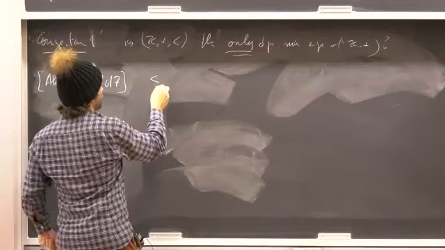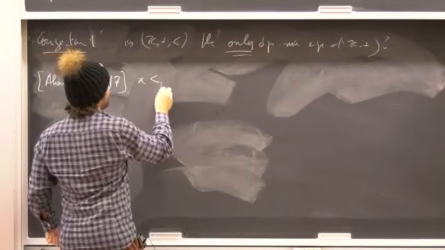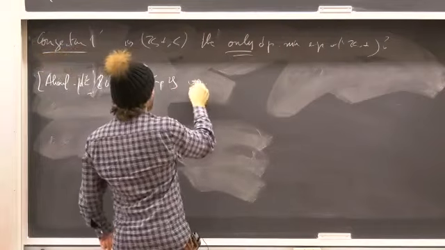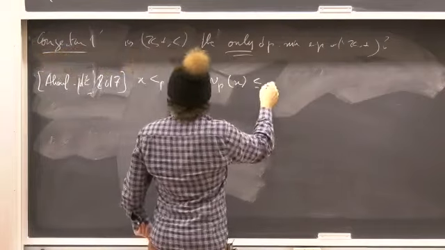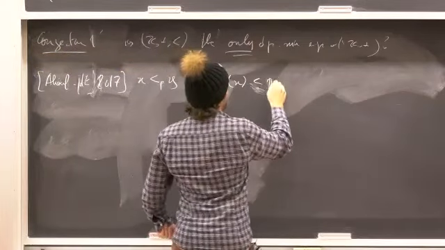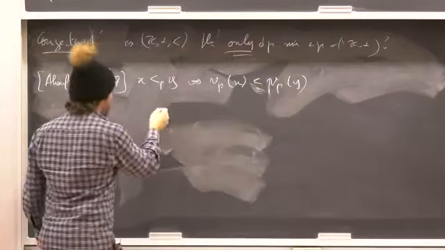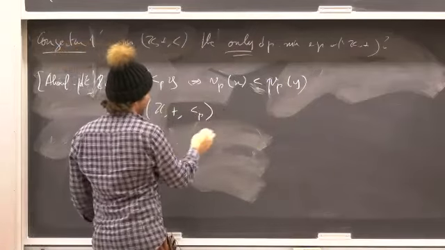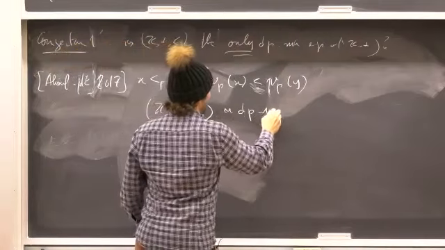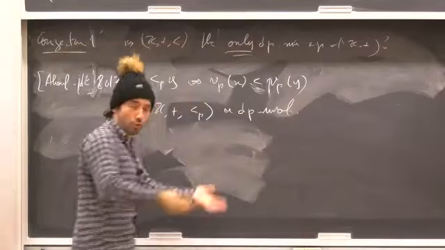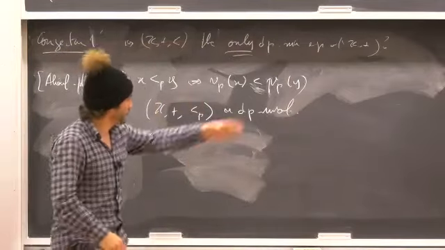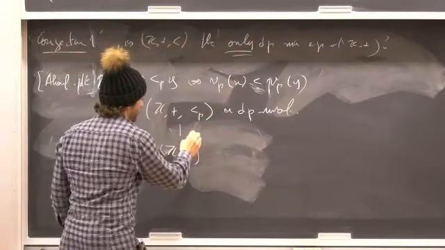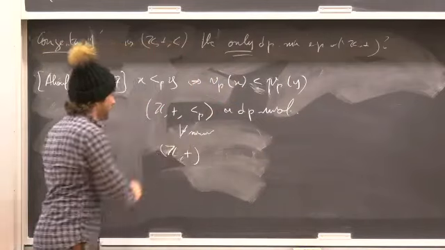If you define this order, x less than_p y, for some prime p, if and only if the p-adic valuation of x is less than the p-adic valuation of y, then the structure Z plus less than_p is DP minimal. So that's a new one. Of course, it's unstable, we have an infinite order. And it's also minimal, so there is nothing in between.